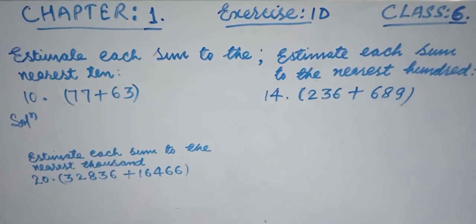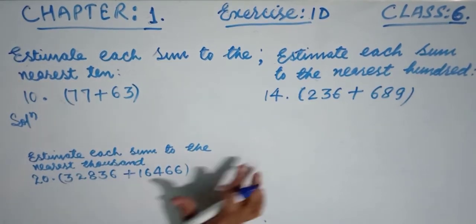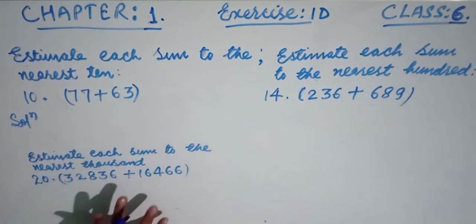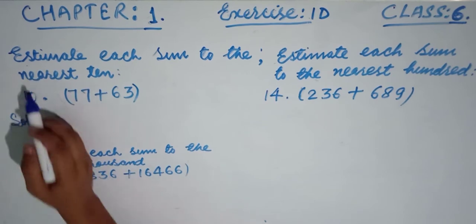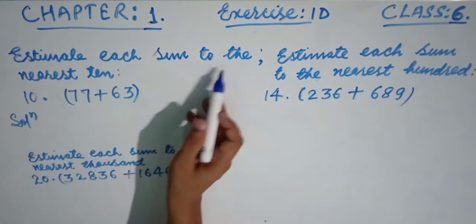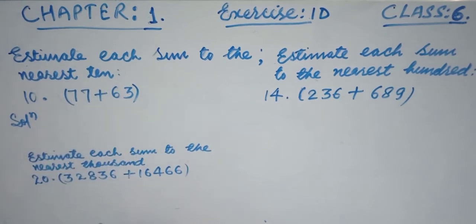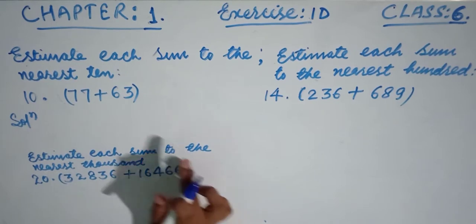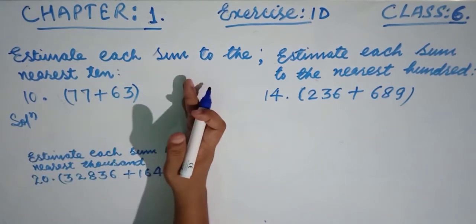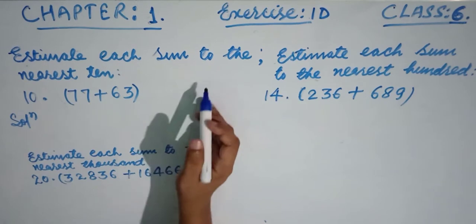Okay, so friends, as you can see on the board, there are three types of questions that we have taken. Look at the first: estimate each sum to the nearest 10. There are two cases in solving to the nearest 10.